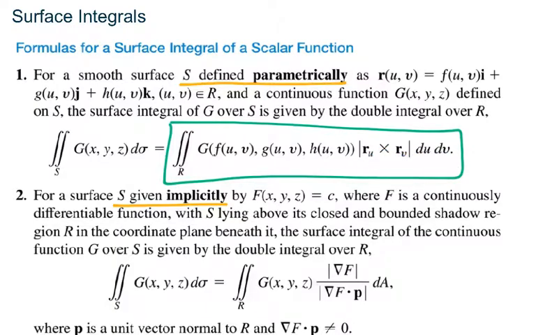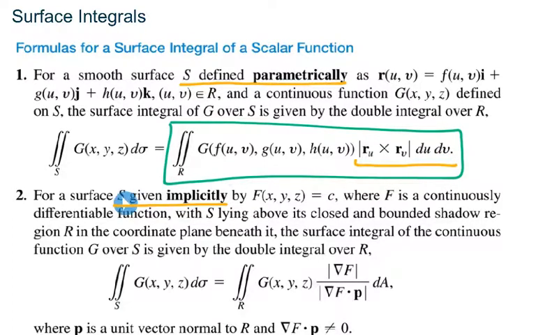You should recognize this from the previous section. This is just the surface area differential for parametrized surfaces. So we take our function, plug our components in, and integrate over the region using that surface area differential.